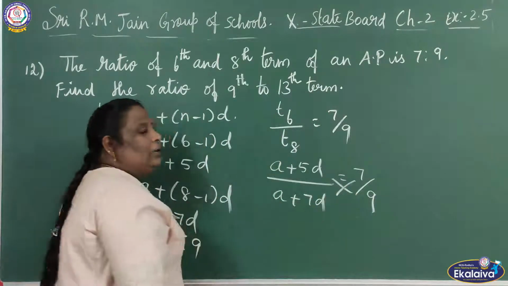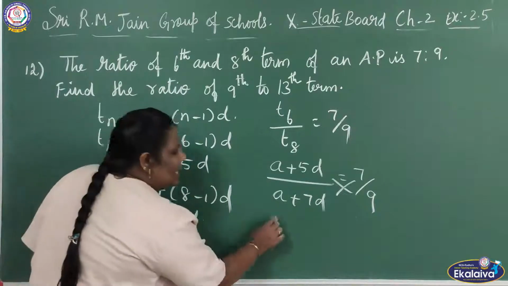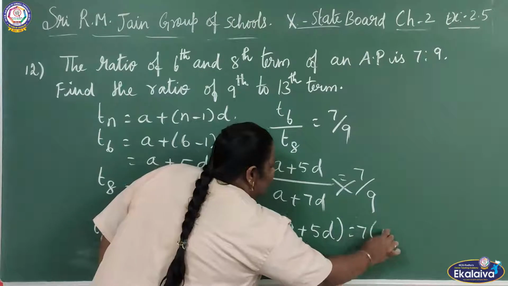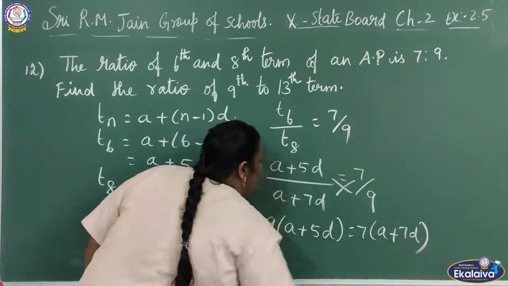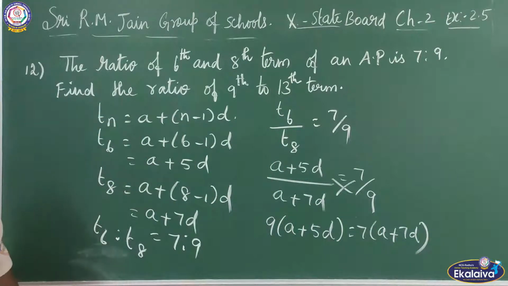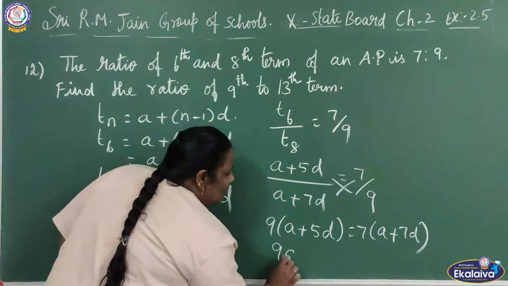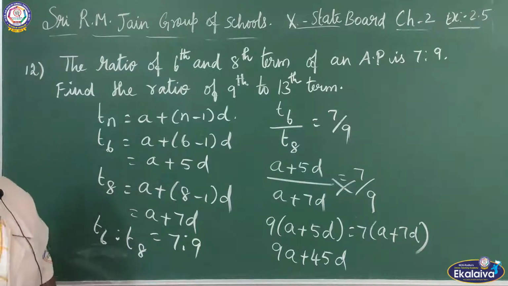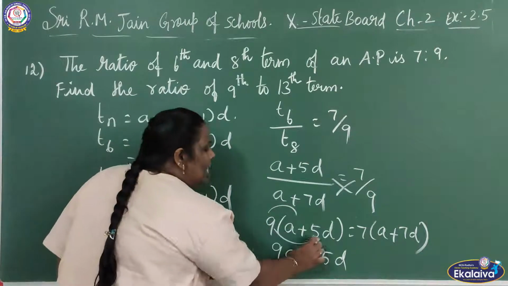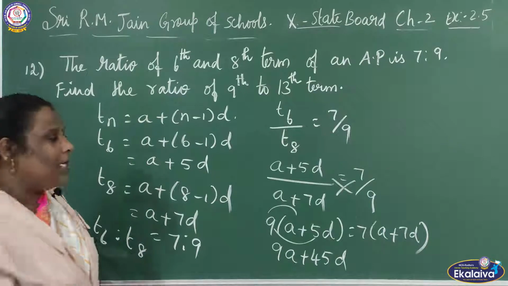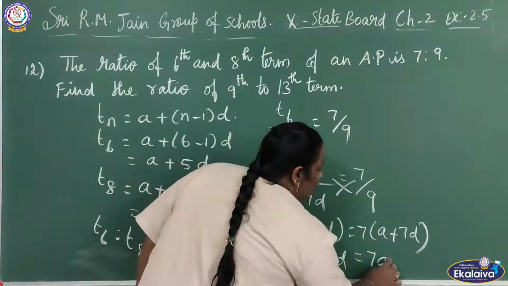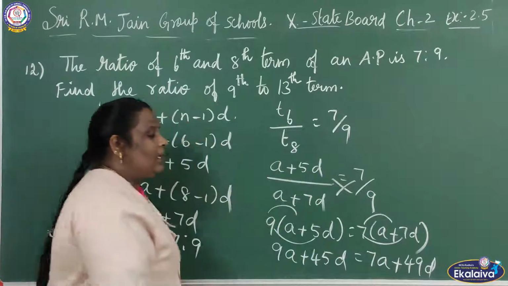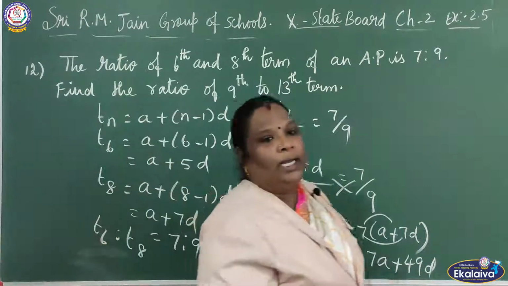Do the cross multiplication. See here, 9 into (A plus 5D) equal to 7 into (A plus 7D). 9A plus 45D equal to 7A plus 49D.